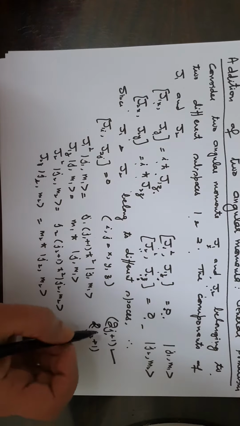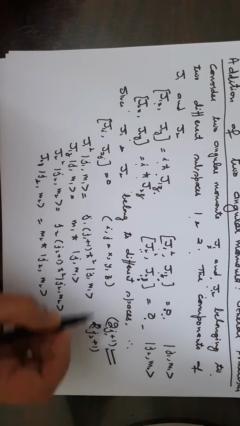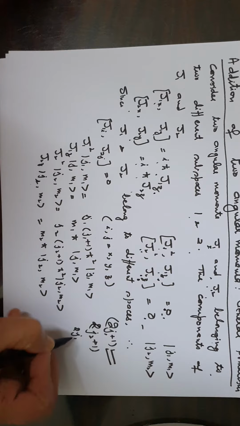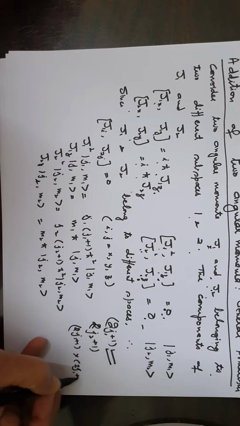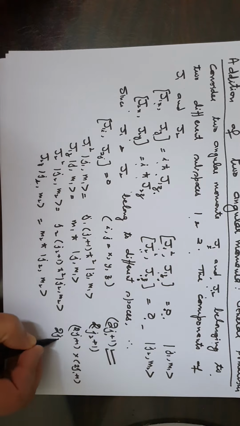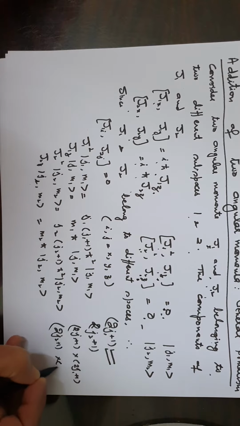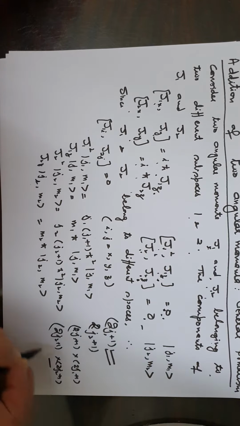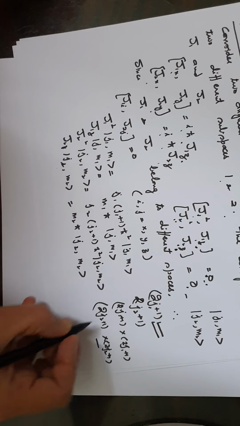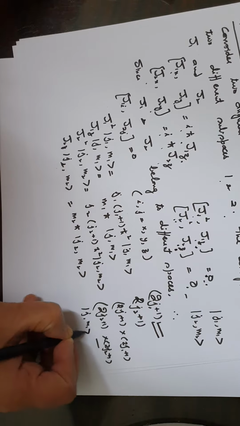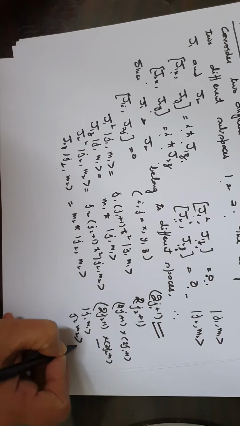They are represented by matrices of rank (2J1+1)×(2J1+1) and (2J2+1)×(2J2+1) respectively, and the bases for these are |J1 M1> and |J2 M2>.